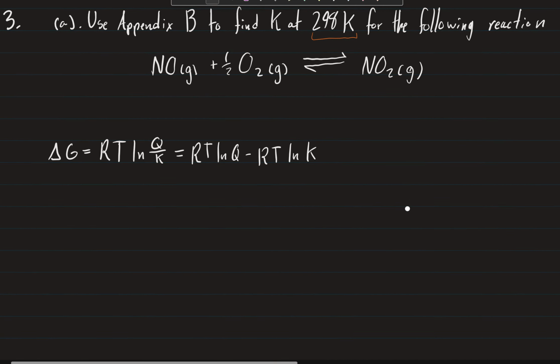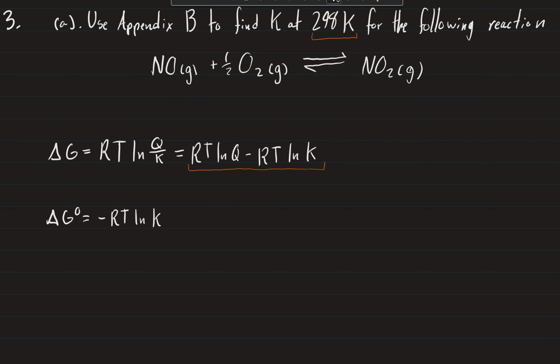The equation for delta G at standard conditions, which is what we have, will just be negative RT natural log K.